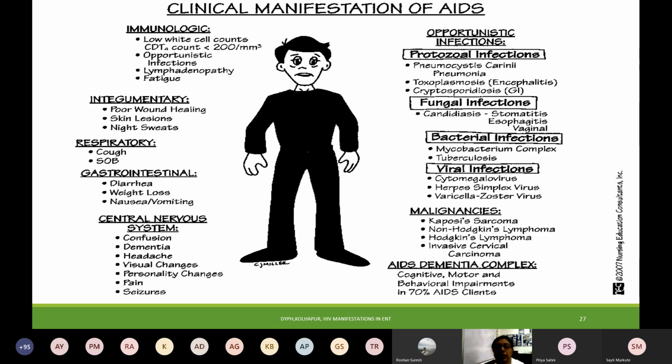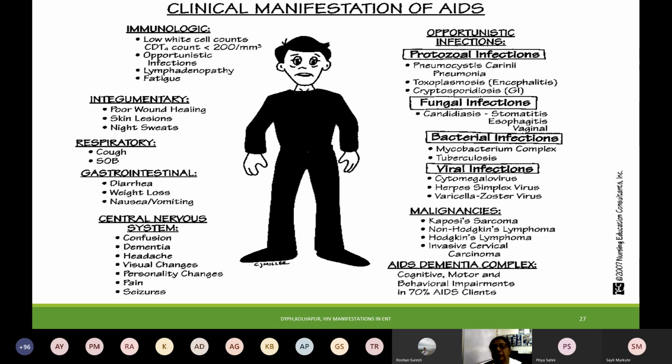Usually they are associated with opportunistic infections: protozoal infections such as Pneumocystis carinii pneumonia, toxoplasmosis encephalitis, and cryptosporidiosis. Fungal infections, of course, always come: candidiasis, stomatitis, esophagitis, vaginal infection.